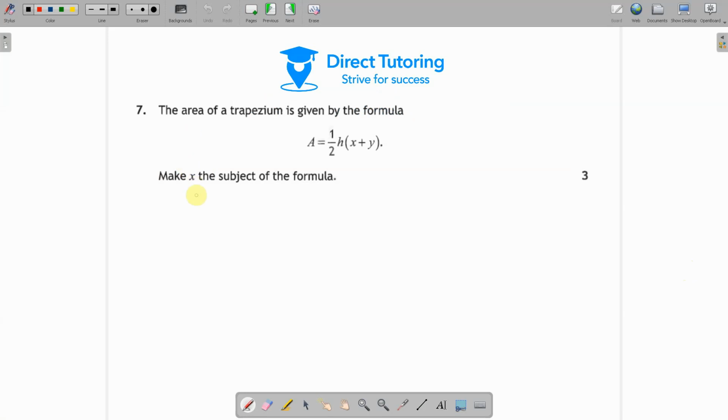So question number 7 is a change the subject of the formula, and it gives us an equation for A, and it's asking us to make x the subject, which means we have to isolate x by itself. So if we start off by writing the equation, A equals a half h, bracket x plus y.